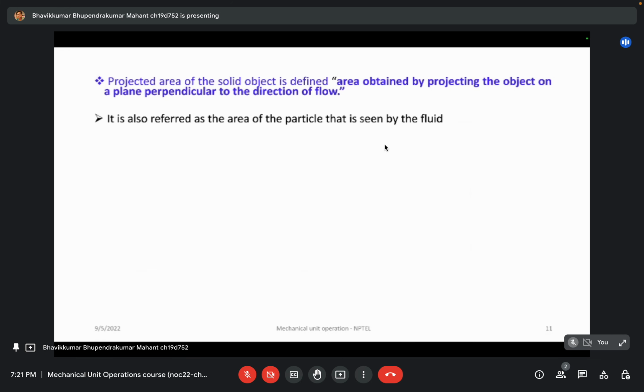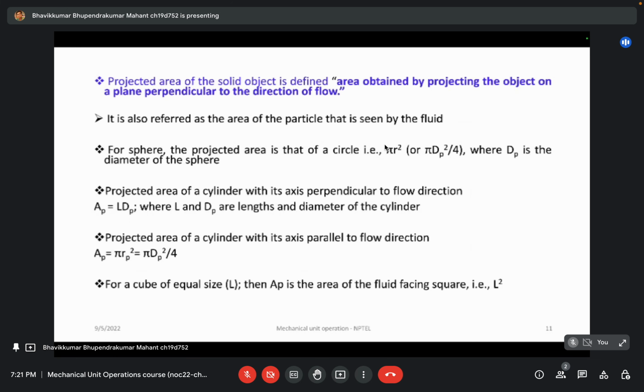Now, the projected area of the solid. So what is a projected area? This is the definition of the projected area of a solid object: the area obtained by projecting the object on a plane perpendicular to the direction of the flow.